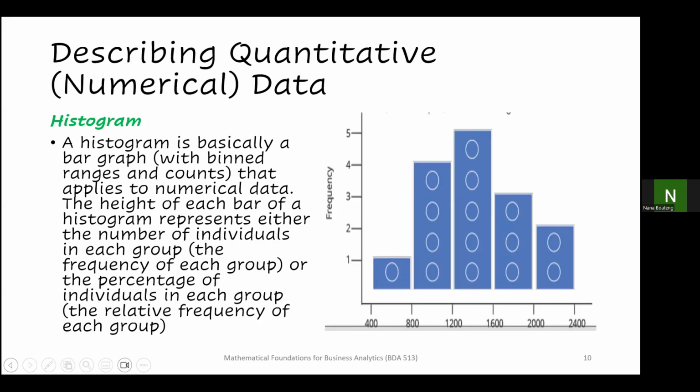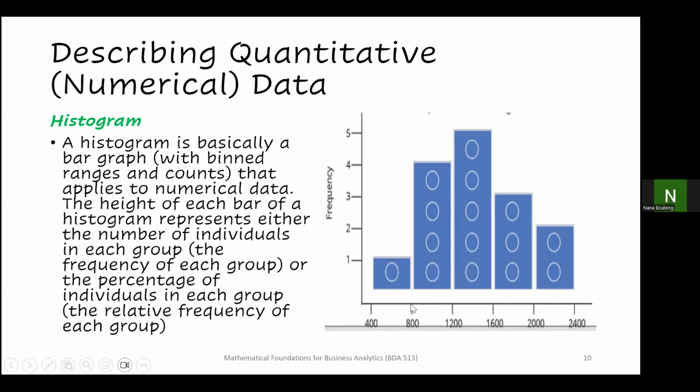Now you realize something on the x-axis. Just pay close attention. On the x-axis, you see that the ticks are not in the middle of each bar. The bar is in between the numbers. It's not like 400 is showing at the middle of the bar.